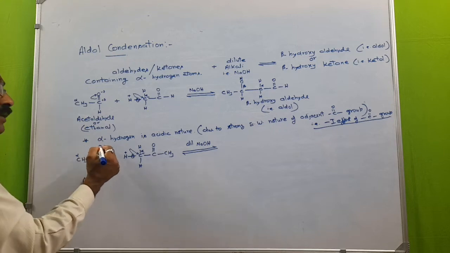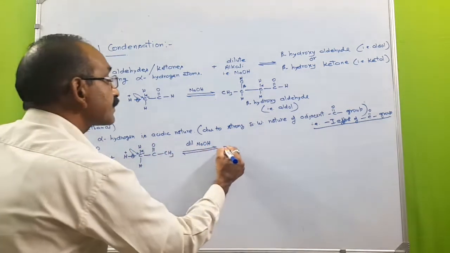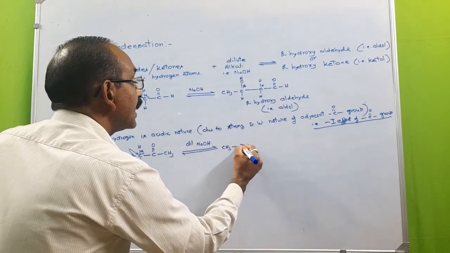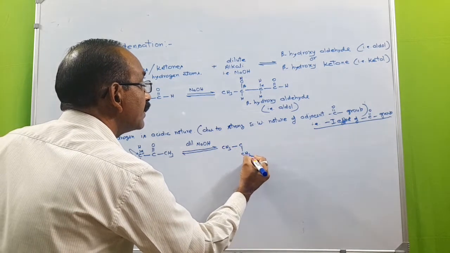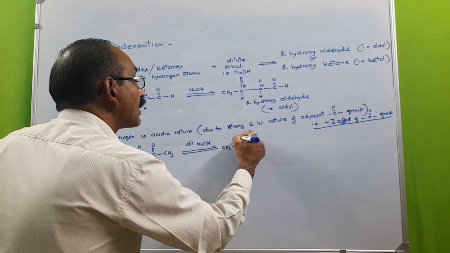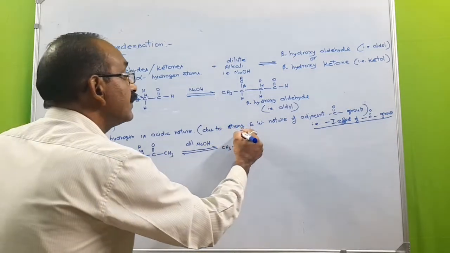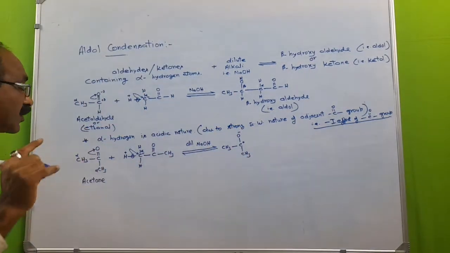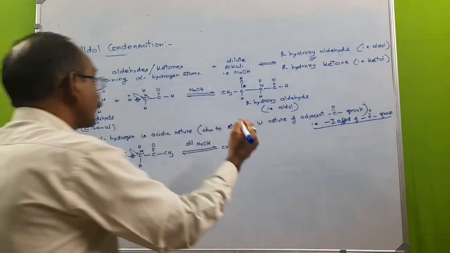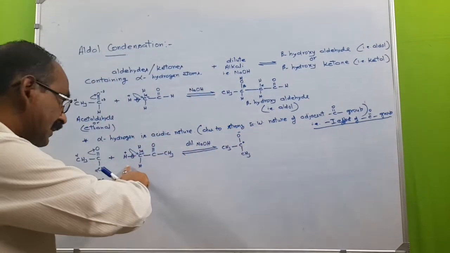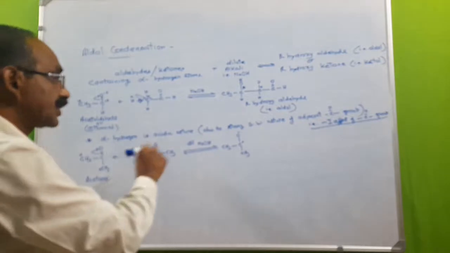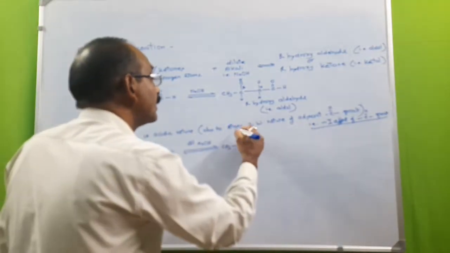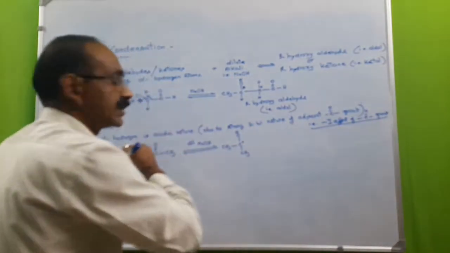Now as a result, here a single bond will be left between the carbon and oxygen, oxygen will acquire a negative charge while the carbon of the carbonyl group will acquire a positive charge. The H plus, which sets free from the alpha position, will form a bond with the electronegative oxygen.